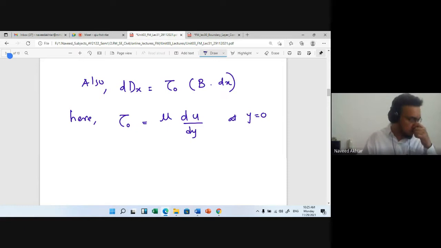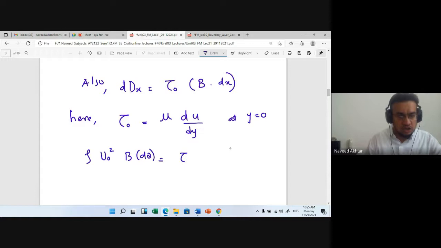So first, rho u0 square b into d theta by dx is equal to tau 0 b.